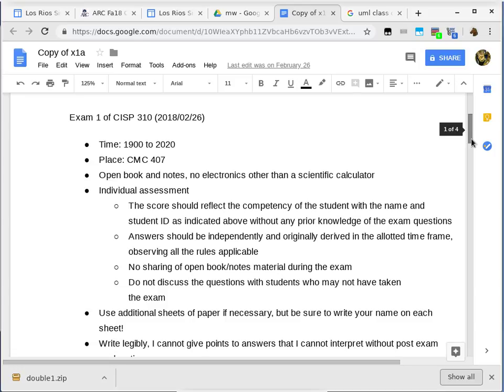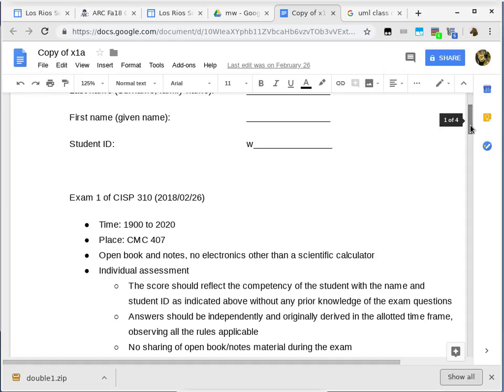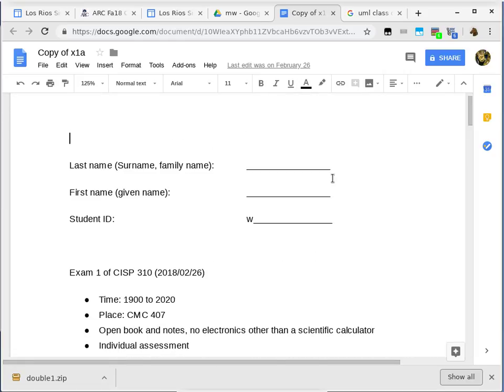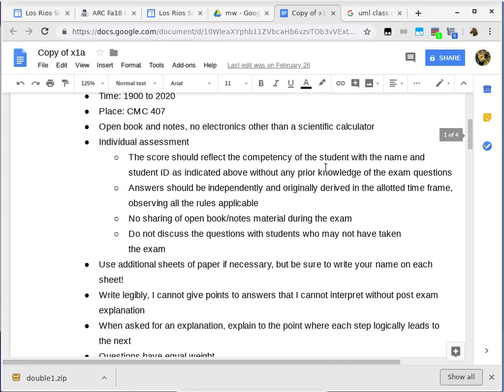The assessment is individual. This part is covered in the syllabus as well. So basically the score should reflect only the competency of the student with the name and student ID as indicated above, which is basically the first thing you want to do, to fill that in with your name and your student ID. And I want your last name first, so I want your family name first because that's how Canvas is arranged. So this makes it easier for me to enter your grade afterwards.